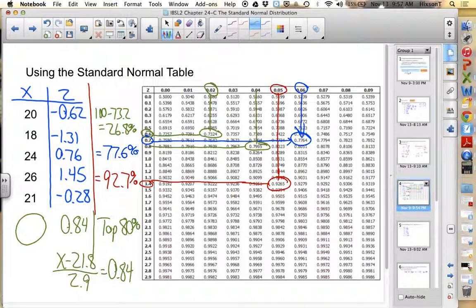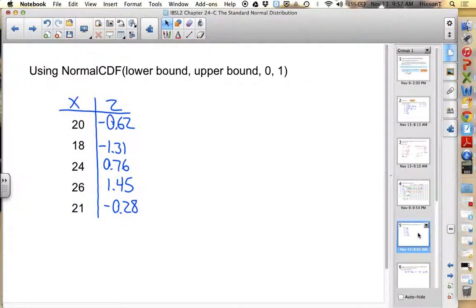That's where the calculator is really helpful, because notice we had to settle for something really close, whereas our calculator is going to help us get exact ones. But we'll look at that tomorrow. I just wanted to show you how this all relates to the table. It's really a nice tool, and in some ways even more useful than the calculator. But let's talk about doing this on the calculator.